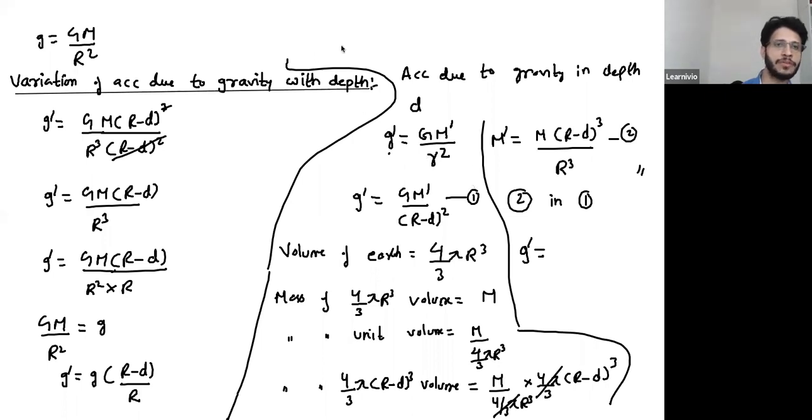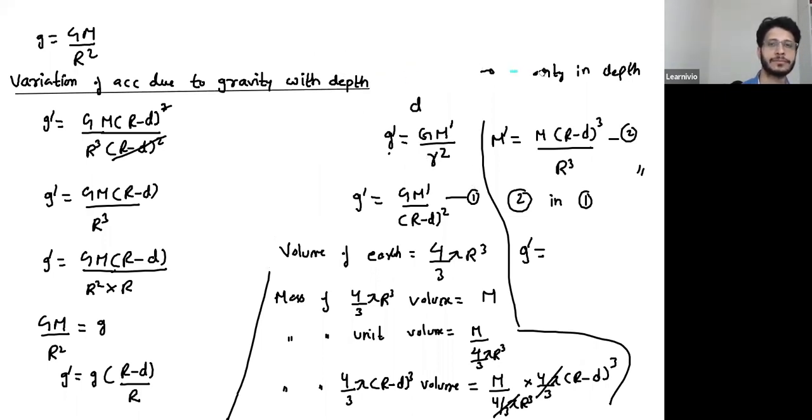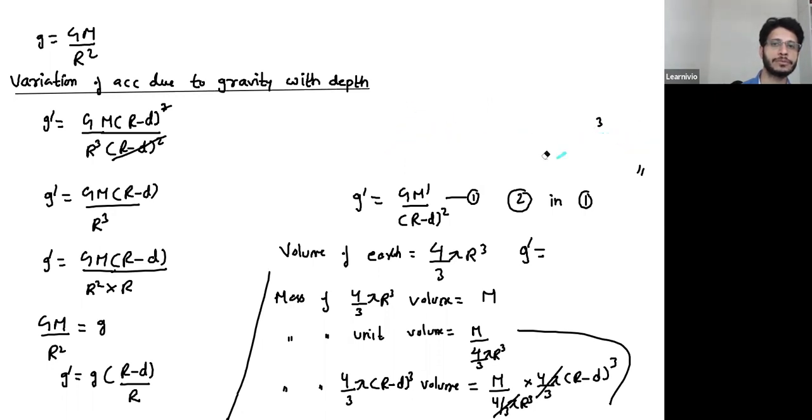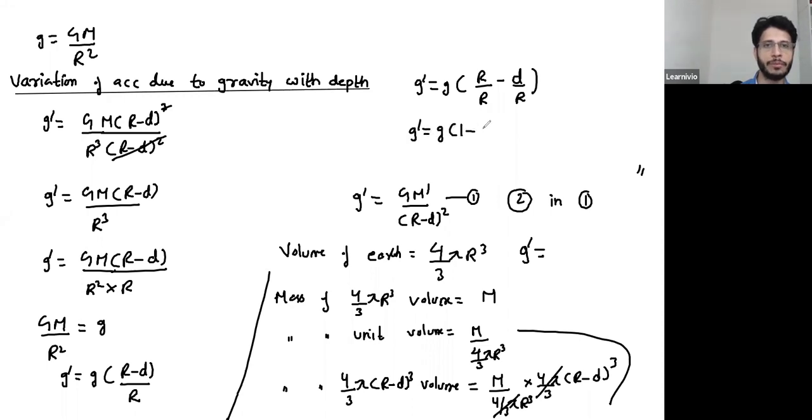The next step, you can simplify this thing. You can write this in two forms. g prime is g times r by r minus d by r. See, r by r is 1. So g prime is g (1 minus d by r).